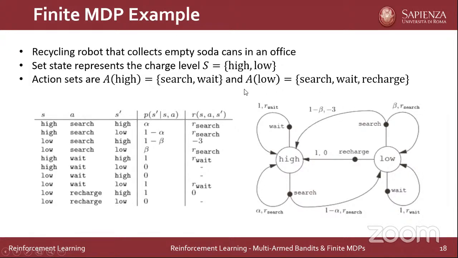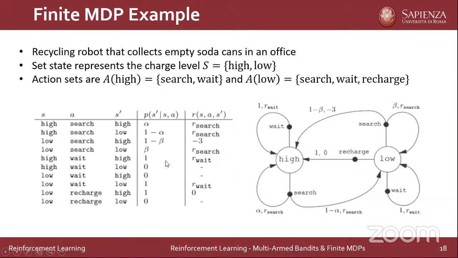Something I didn't mention is that the action set can change depending on the state. So in some states, you might not be able to perform some actions. For example, in this case, when the state is high for the charge level, then you don't want to recharge. So it's not part of the action set, so the agent cannot choose that action.